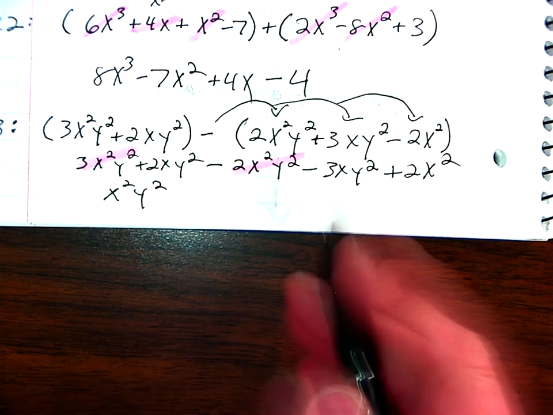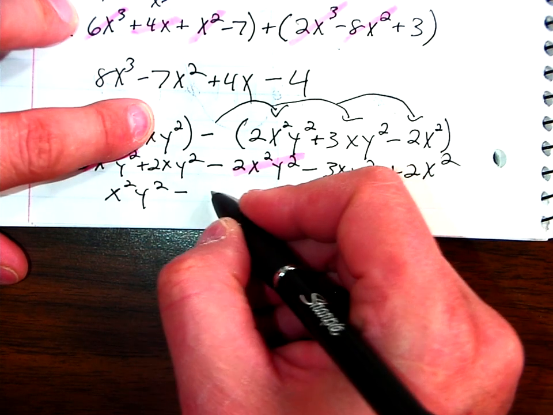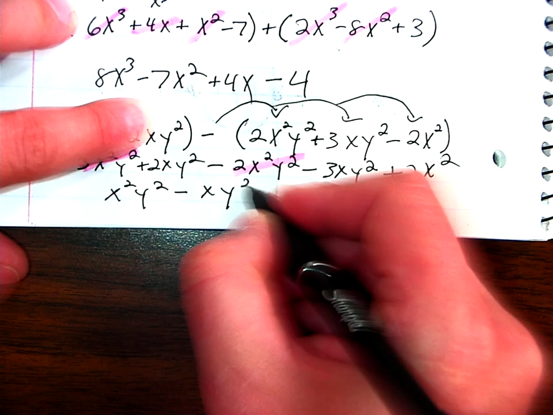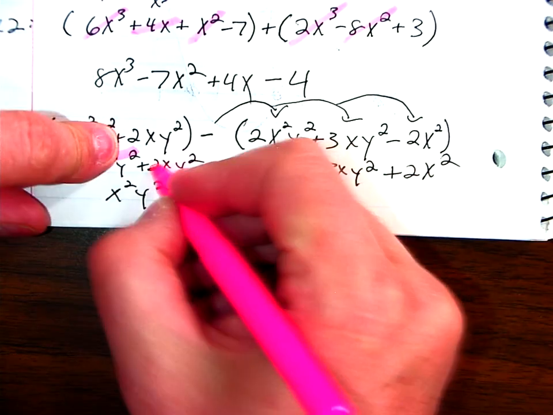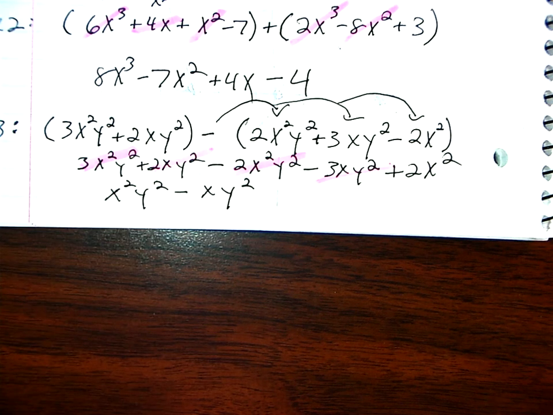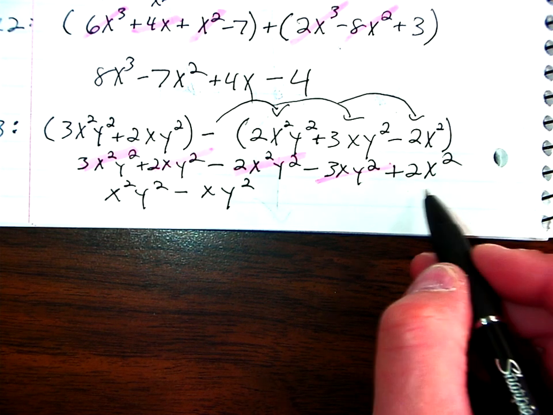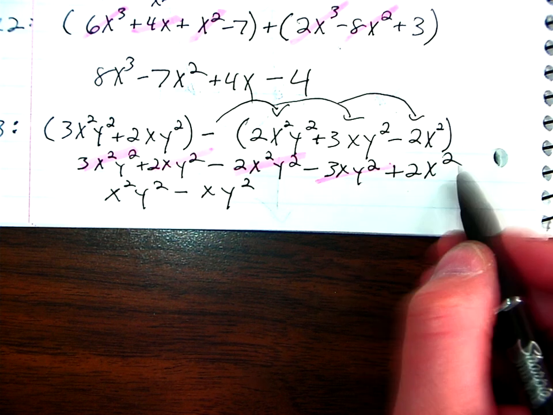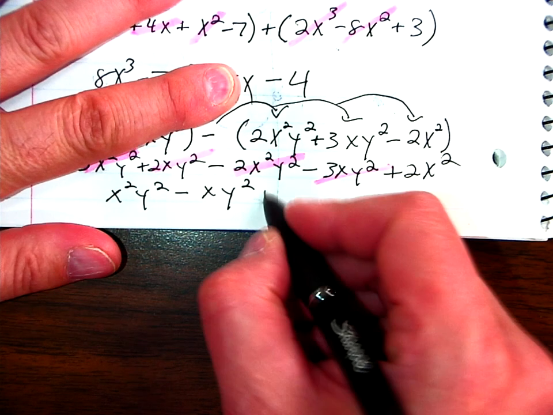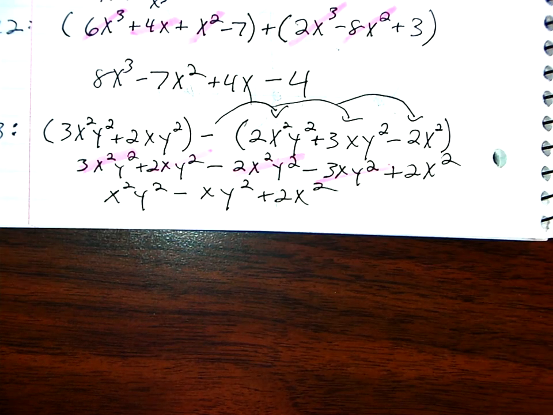So 2 minus 3 is negative 1. Do I need to write the 1? You don't have to. It's your world. You can if you want. McGraw-Hill might mark it wrong, but we're not doing McGraw-Hill, so it doesn't matter. Does this 2x squared have any friends? So just bring it down. And you are done with example 3. Two more examples, and we're done for today.